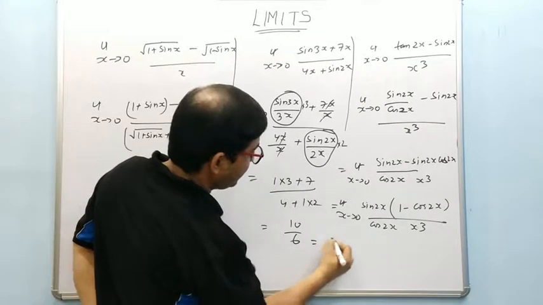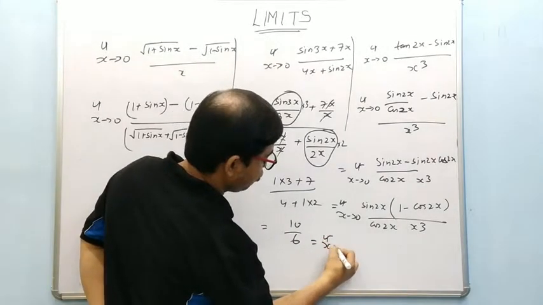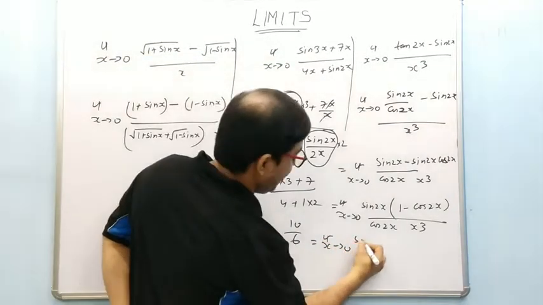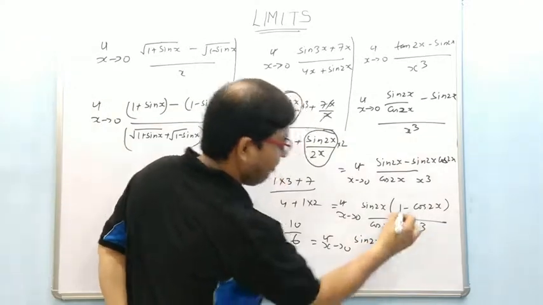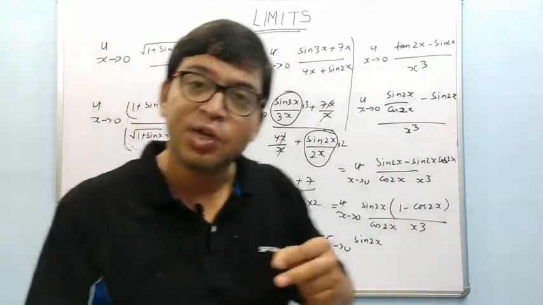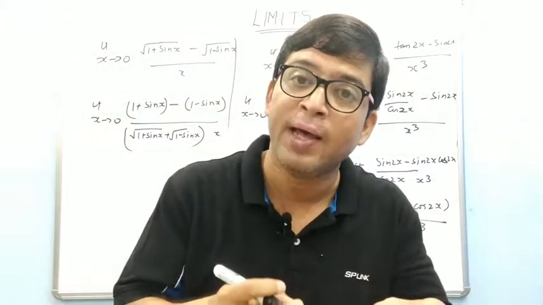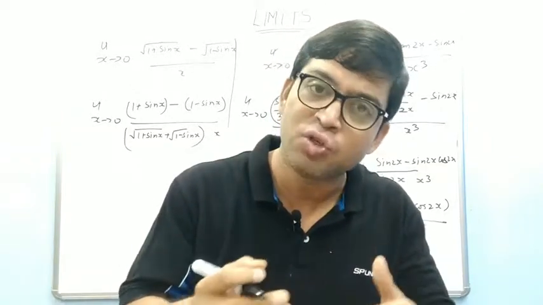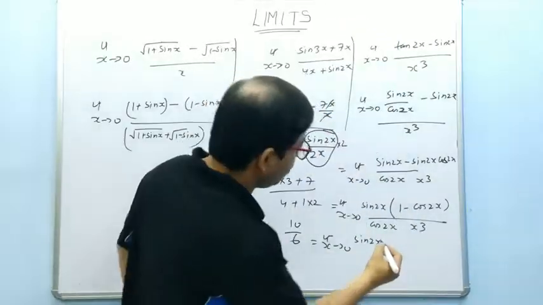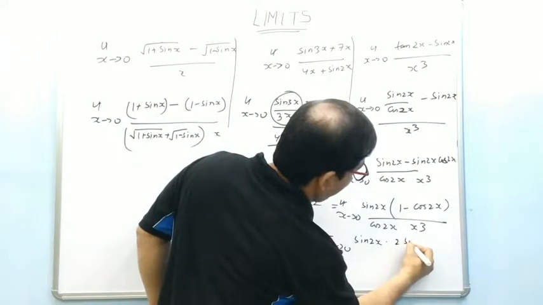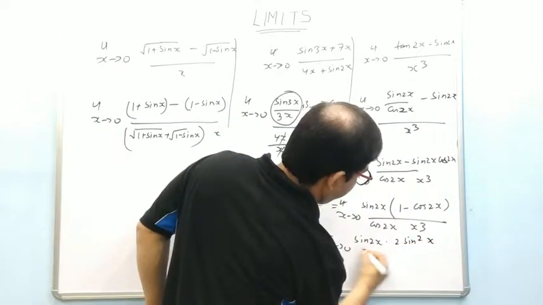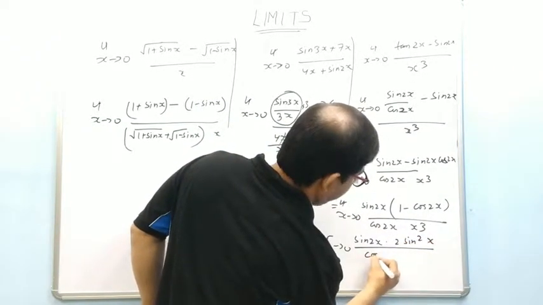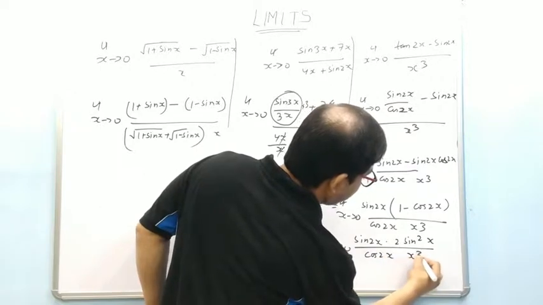Now you see, this can be written as limit x tends to 0, sin 2x, and 1 minus cos 2x is 2 sin square 2x by 2, that means 2 sin square x. So it is 2 sin square x by cos 2x into x cube.